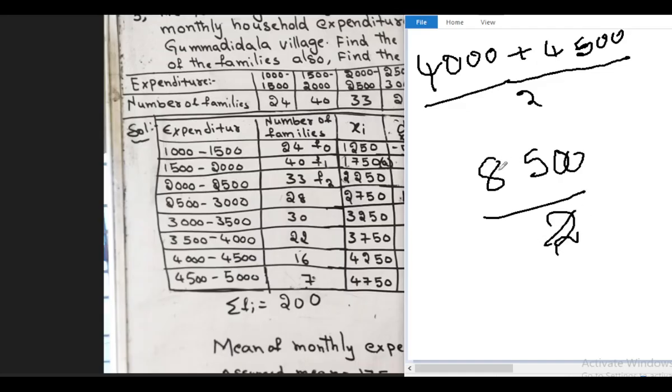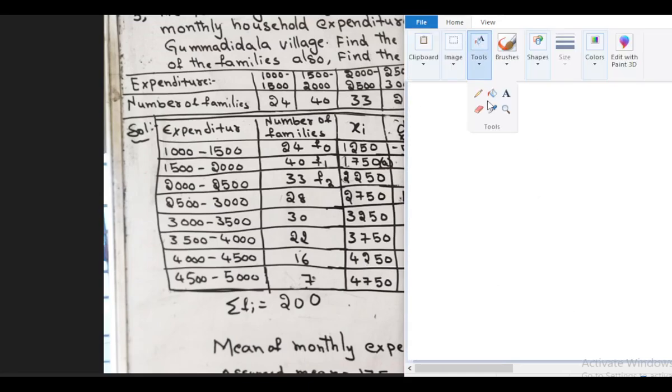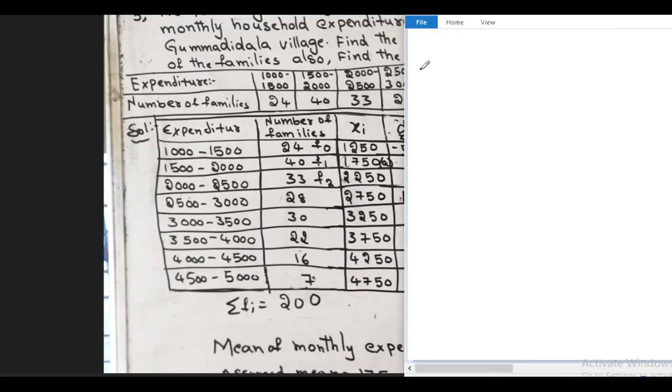So 2 4s are 8, 2 2s are 4, 2 2s are 4, 2 5s are 10, 2 0s are 0. So we will get here 4250. That is the next class midpoint or class mark. So the class mark of 4000 to 4500 is 4250. Next, the final class mark here.